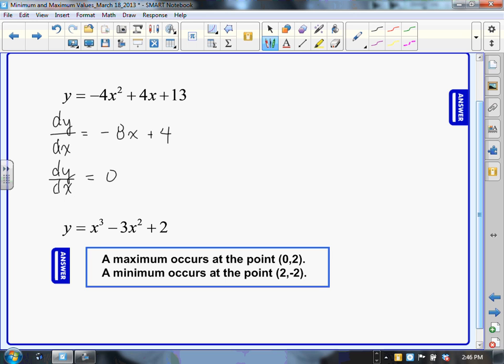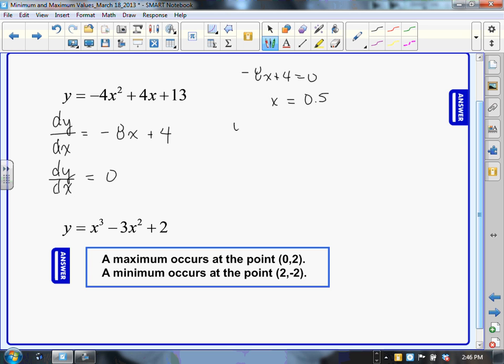So where's the slope of the tangent 0? Well, it would be at that turning point or at the function's vertex. So by setting that equal to 0 and solving, we are going to determine that 0.5 is going to be the value that does that for us.